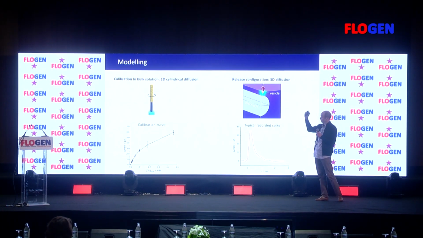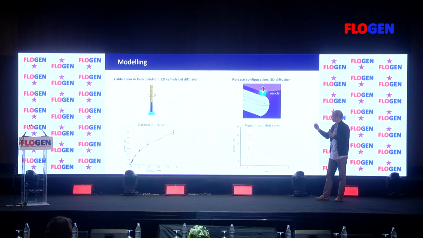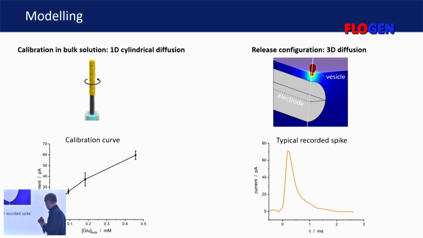What we wanted is to get the calibration curve through the experiments performed at different glutamate bulk concentrations, model this calibration curve, extract the kinetic information, and then with this kinetic information model the release events and try to reproduce the spikes observed in the experiment. However, this was not simple.